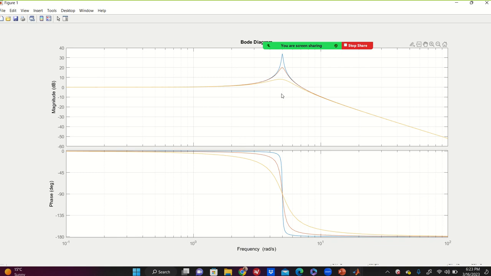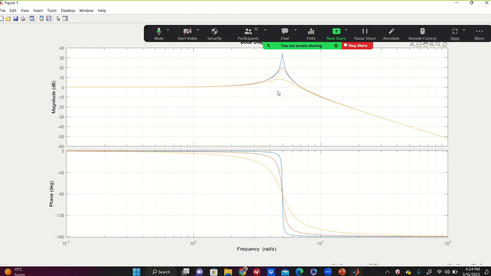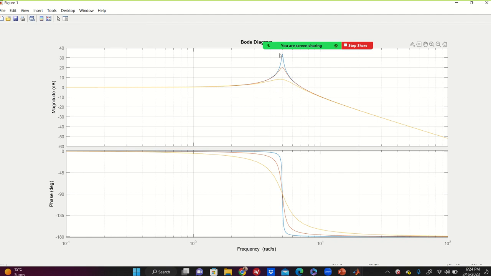But here it is not resonance. Okay, see what I'm saying? So for the underdamped system, you have such a peak here with the harmonic input.